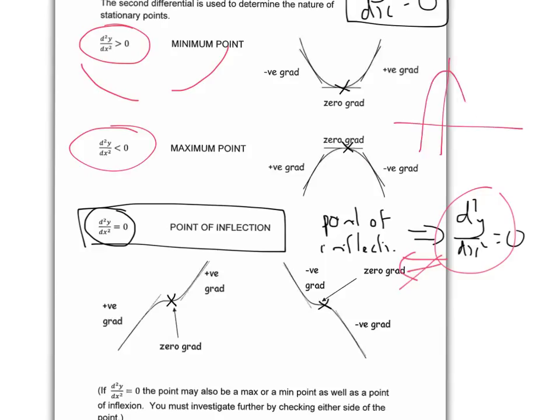So if I was investigating this particular graph here, and I'd found out that I had a turning point here. Now, clearly we can see in this case that it's a maximum, but if I plug in some points, and I'm trying to work out which values to plug in, if I plug in here and here, that's fine, okay? You could even go for here and here, okay? Or there and there.